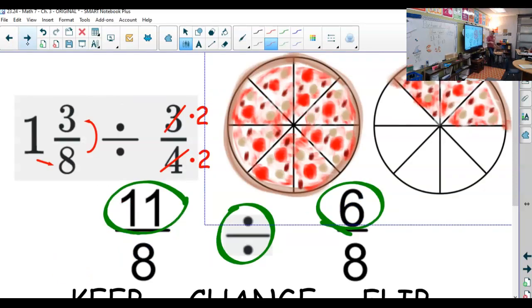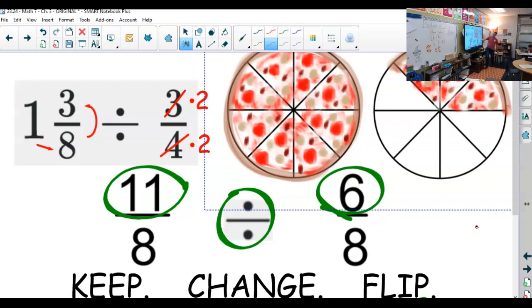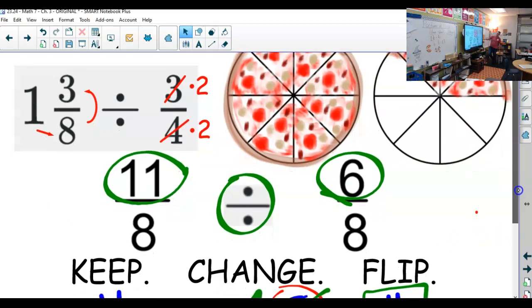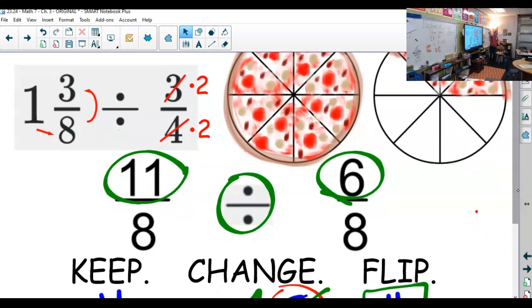So guys, let's walk through again. Here's keep, change, flip, just showing again. For anyone wondering how did we get there: 1 3/8, we made improper. 3/4, we made into 6/8. Any questions on that?